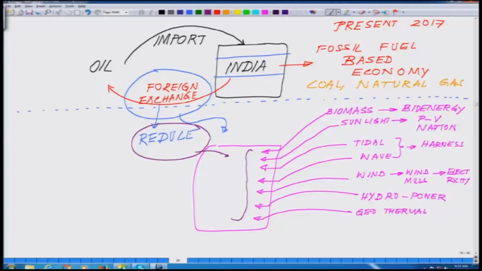Slowly our import percentage of oil in the years to come is going to go down, and automatically our foreign exchange expenditure is also going to go down.